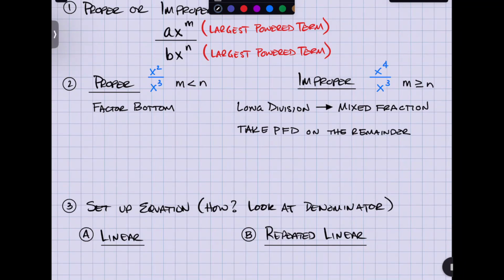Because after the long division, once we have a mixed fraction, the fraction is now going to be a proper fraction. Right? Well, that means now we're going to have to, again, factor the bottom.